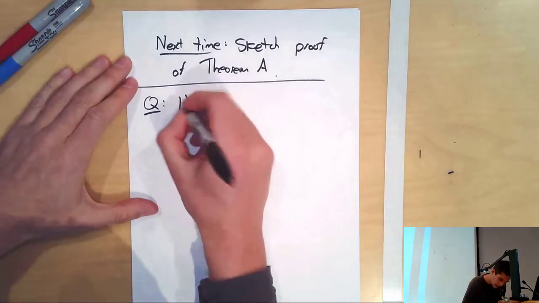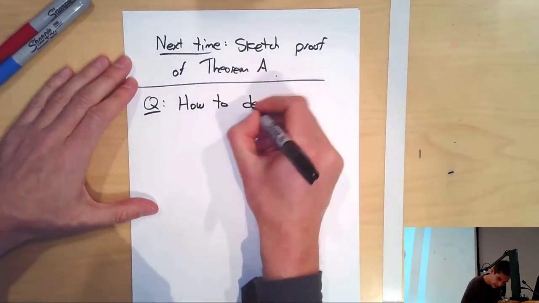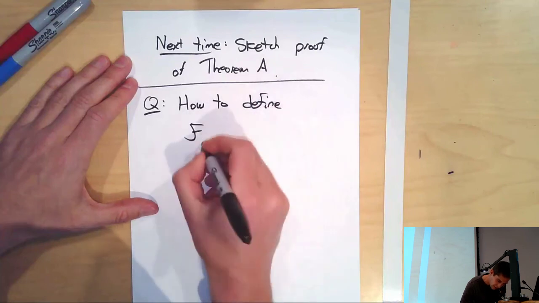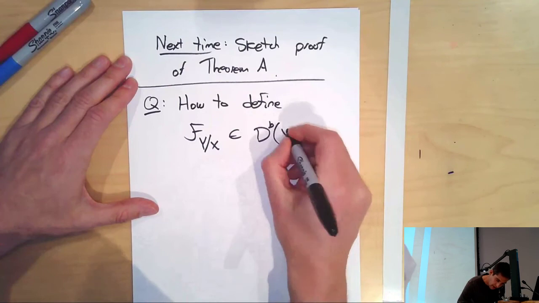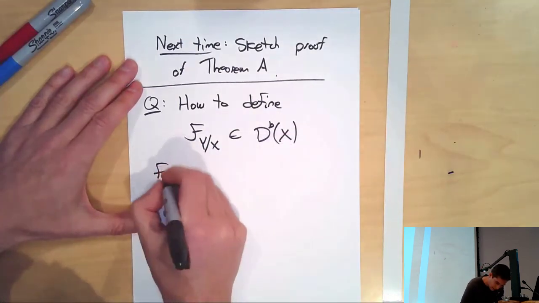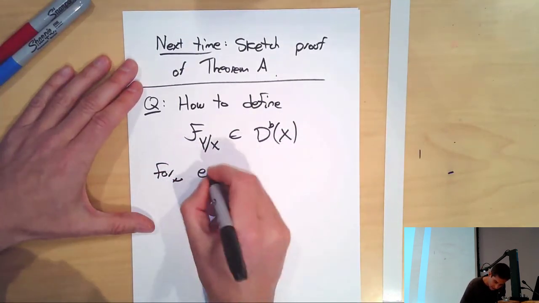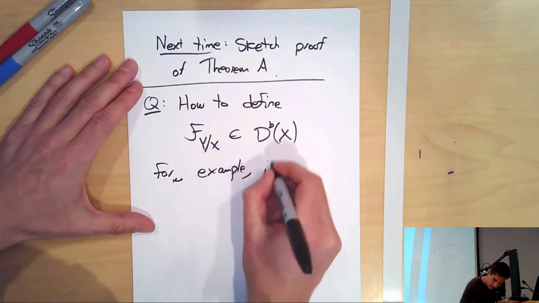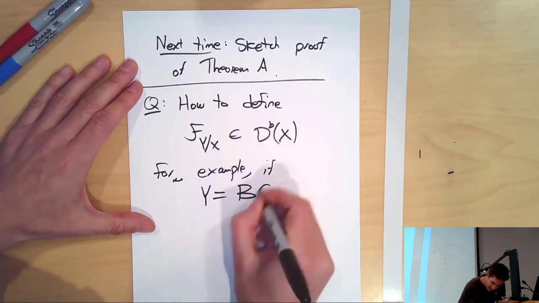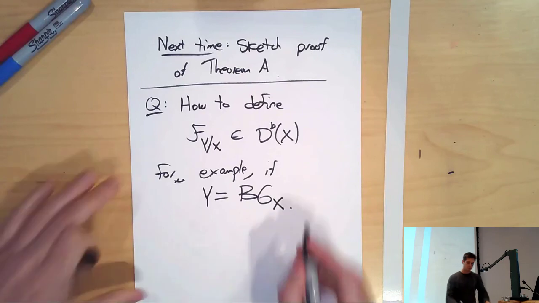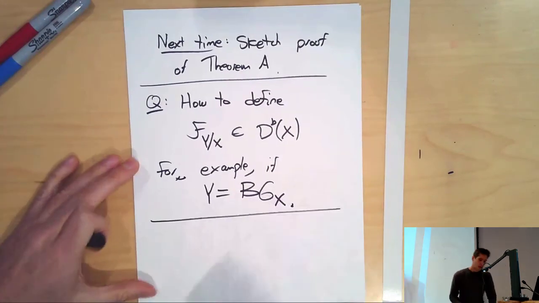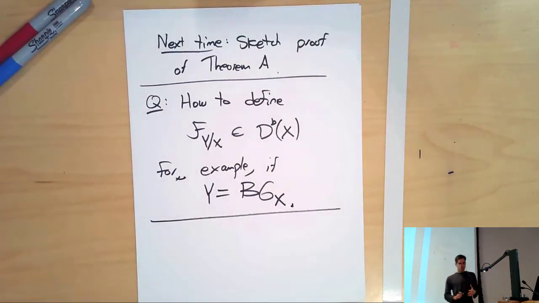So question: how to define this sheaf F_Y over X in D(X)? For example, the main case that we're interested in is when Y is the classifying stack of a linear algebraic group, or a group scheme over X. A related question is, how classical an object is this?